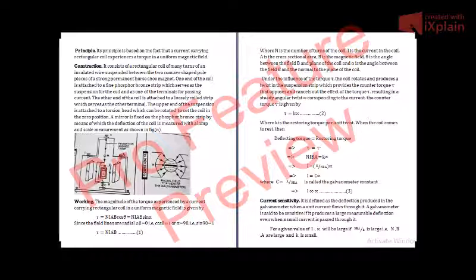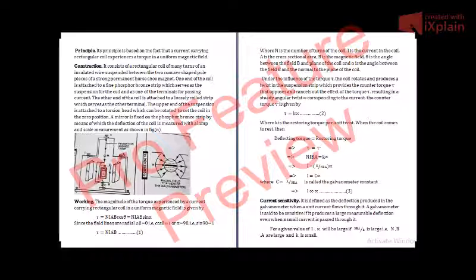This implies I is equal to k upon NBA into alpha, which implies I is equal to C alpha, where C is equal to k by NBA, called the galvanometer constant, because A, the cross-sectional area of the rectangular coil, will be constant. We know it. B is the uniform magnetic field. We know it.